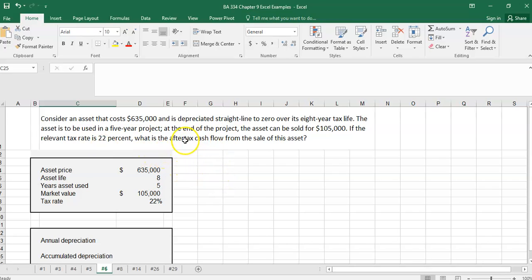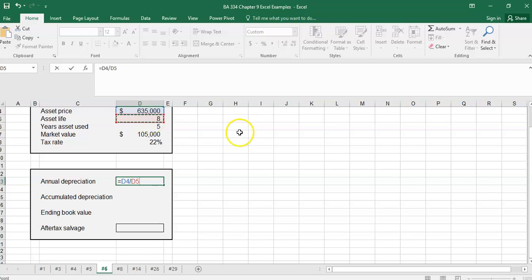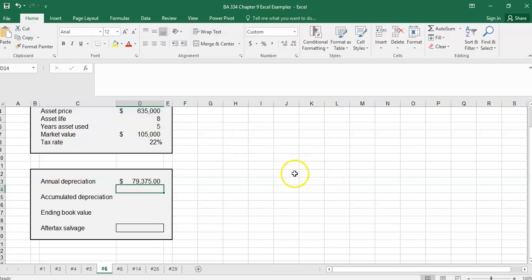So we're going to look at what is the after-tax cash flow from the sale of this asset. First, we need to know what the annual depreciation is. It's straight line depreciation over 8 years, which is our asset price divided by its useful life.